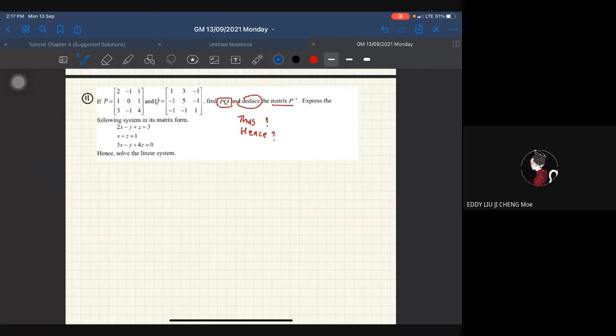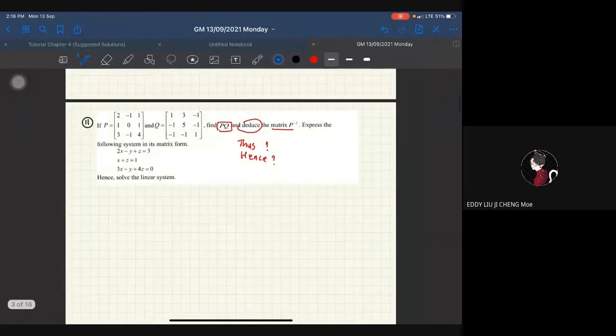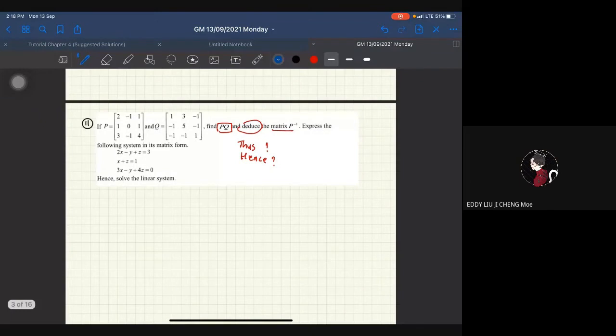So basically, bila awak dah cari PQ dekat sini, deduce, thus ataupun hence ni, maksudnya awak kena guna balik apa yang awak dah cari dekat sini untuk cari awak punya ni. Boleh faham ke?